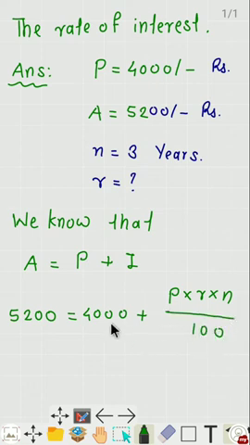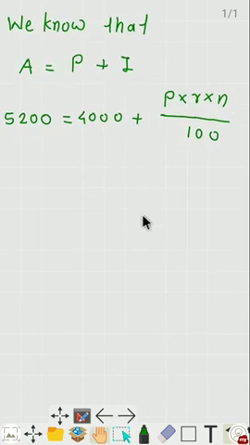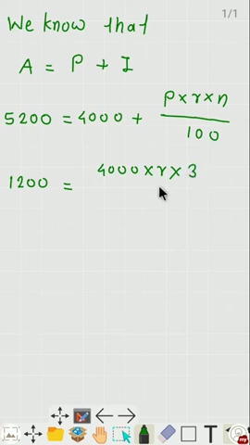Okay, so if we shift this 4,000 on the left hand side, then we will have 1200 on the left hand side, and it is equal to principal 4,000 into rate of interest into number of years, which is 3, divided by 100.